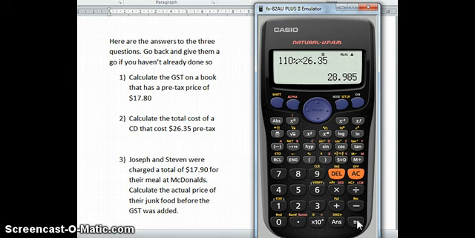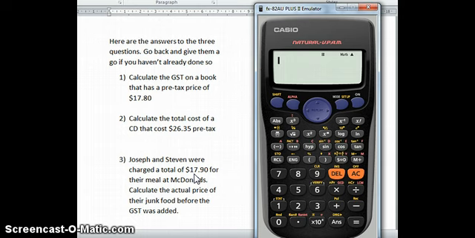Now this is a tough one. Now we round up this time, so the cost of this CD will be $28.99. We round up. 5 or above, we round up. $28.99.